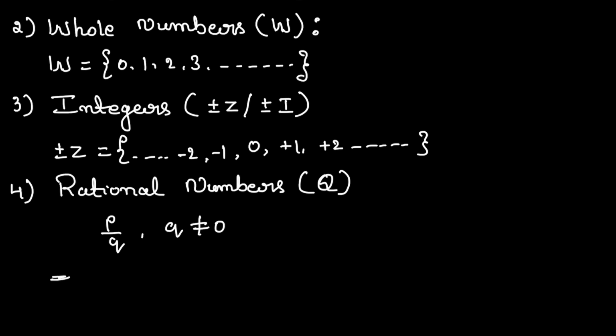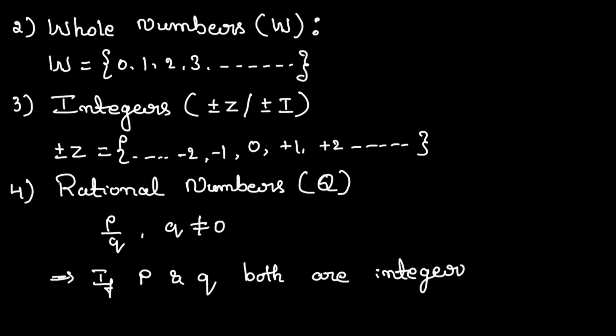So the definition of rational number is: if P and Q both are integers and Q not equal to 0, they are called rational numbers.